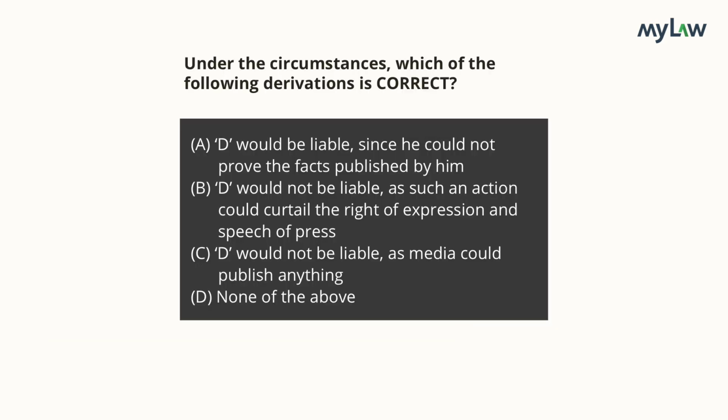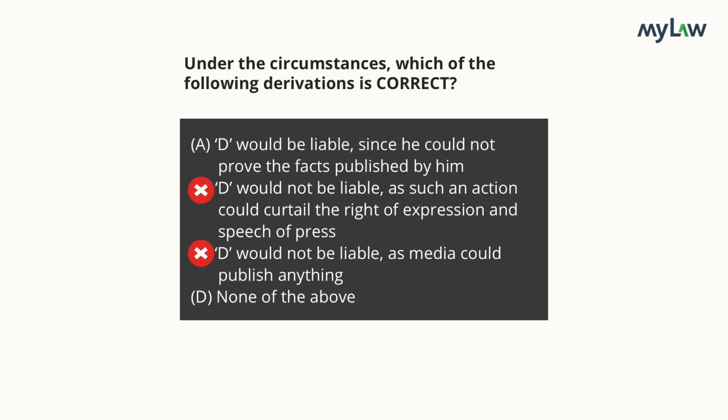Now, let's look at the options. B and C arrive at the conclusion that D is not liable. They are wrong because we cannot conclude that D is not liable. What about A, which concludes that D is liable? Is D liable? We were unable to conclude that D is not liable. Is that the same as saying that D is liable?